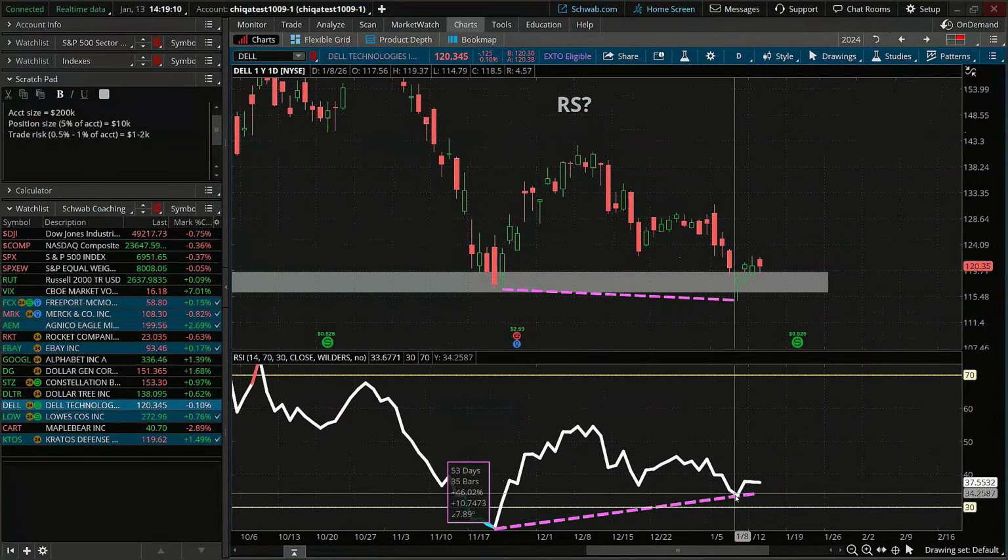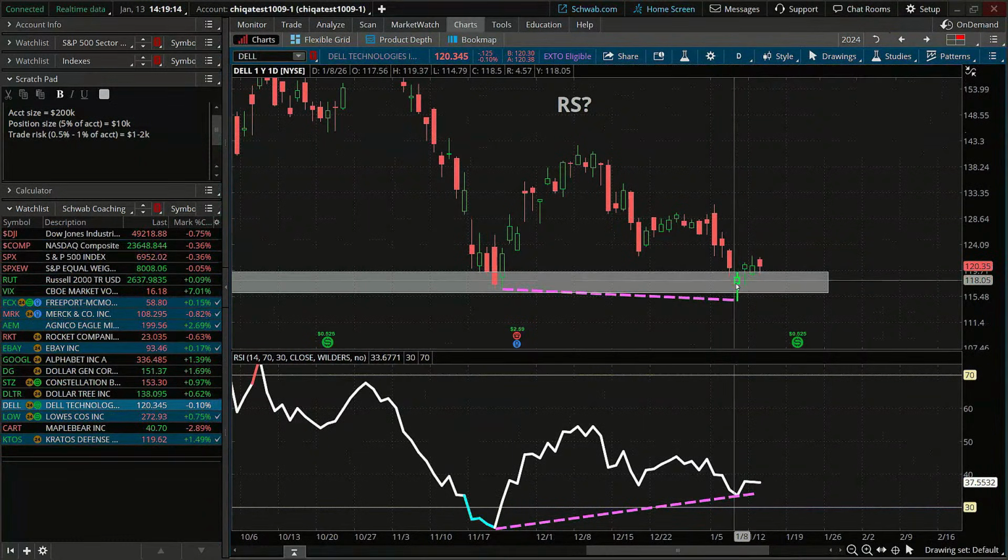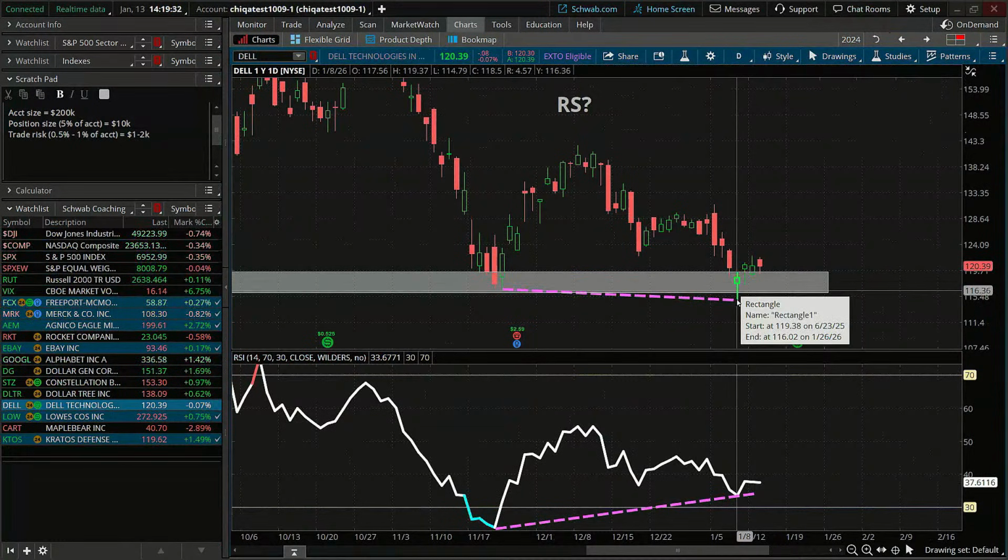So at the same time that we were seeing a momentum divergence in this case, we were also seeing a bullish hammer, which is showing that small body of the candle, so the difference between the open and the close really residing near the upper bounds of that candle, with a long lower wick.